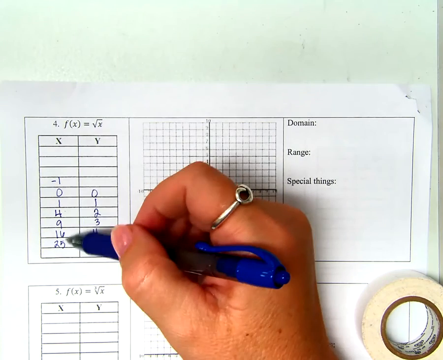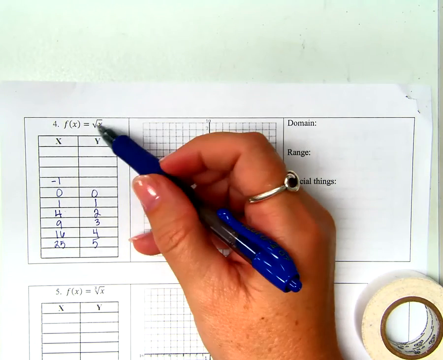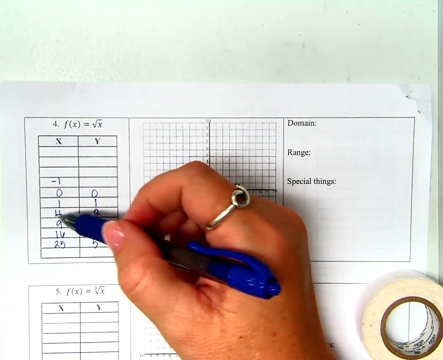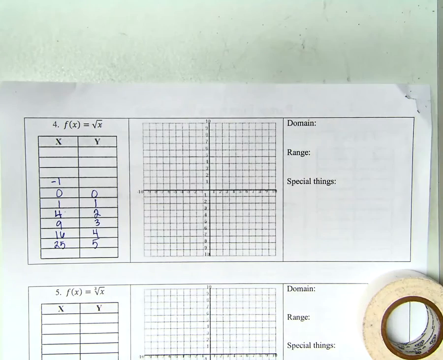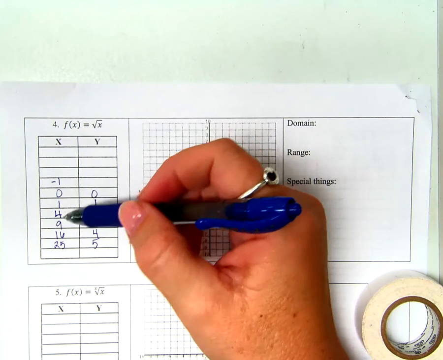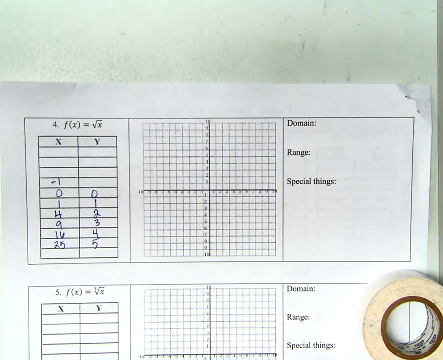All these numbers down here, we said what number times itself gives me my y value, right? 2 times 2 is 4, so that's why I said the square root of 4 is 2. What number times itself gives me that number? So what number times itself gives me a negative 1? Wait, you're telling me there's no numbers that multiply by itself that give you a negative 1?